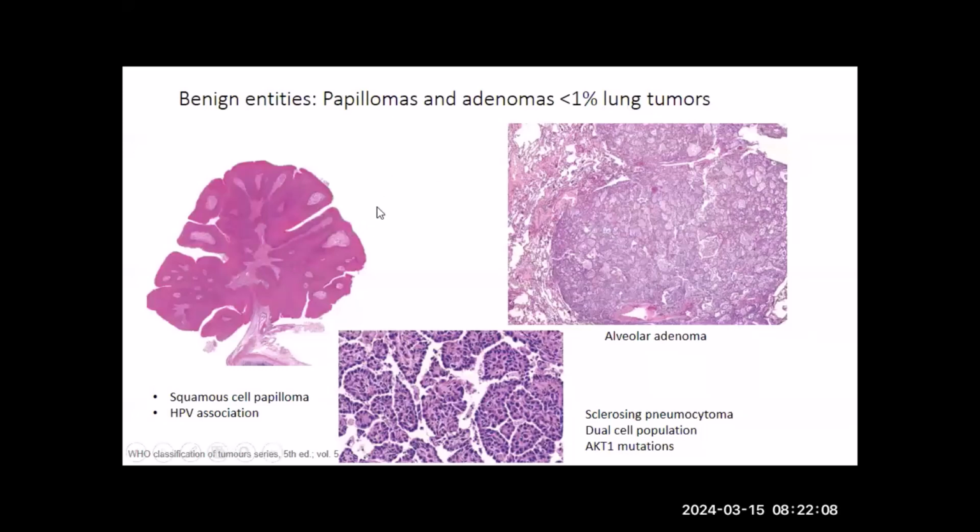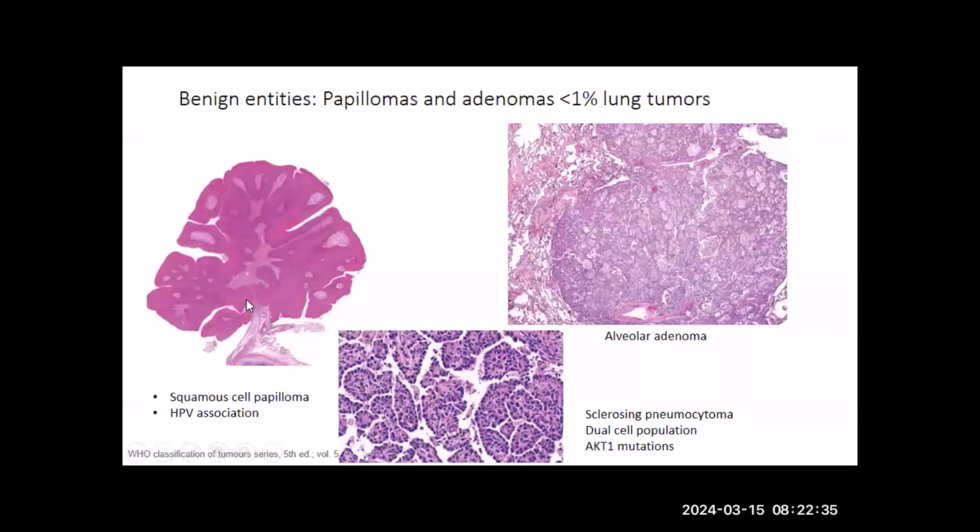The benign papillomas and adenomas form less than 1% of the lung tumors. These are some of the entities that are seen in practice. This is a squamous cell papilloma of the bronchial mucosa, and like squamous cell papillomas elsewhere, it is also associated with HPV infection.